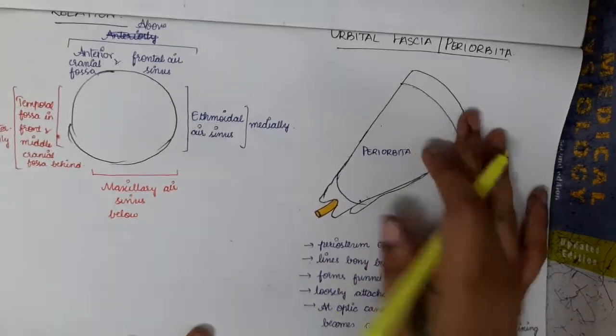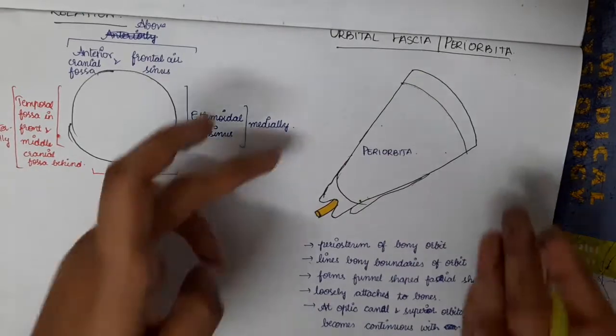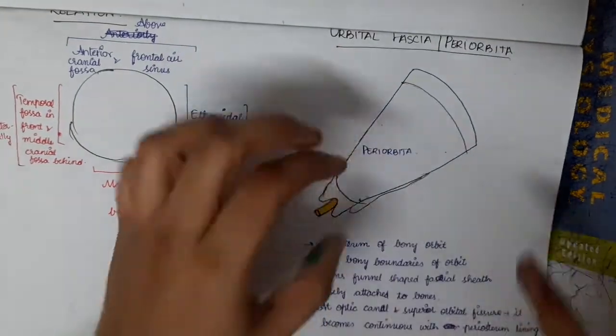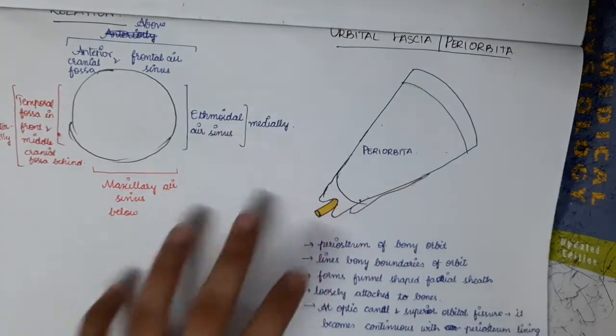This periorbita will form a funnel shaped sheath, and inside this funnel shaped sheath you will see the orbit and the optic nerve, everything.